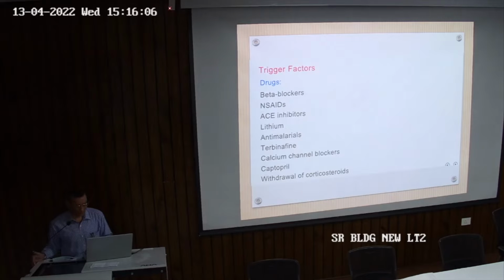Then there is a long list of drugs. NSAIDs are the most common incriminating agent in so many diseases and drug reactions, and it is the commonest drug that is being prescribed and taken. हमें सिर दर्द होता है, पेट दर्द होता है, फटाफट एनाल्जेसिक कोई भी ले लेते हैं.